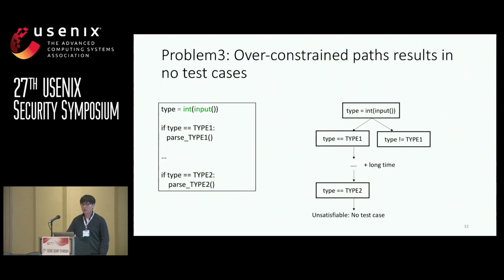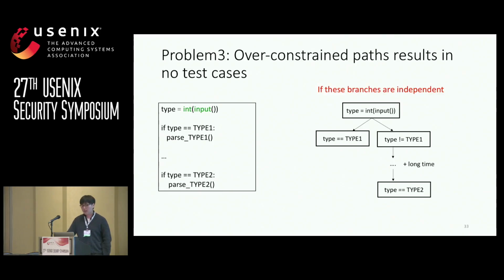If we first go to type equal type 1, and after the long execution we meet type equal type 2, it will not generate any test cases, because it is an unsatisfiable path. The type cannot be type 1 and type 2 at the same time.